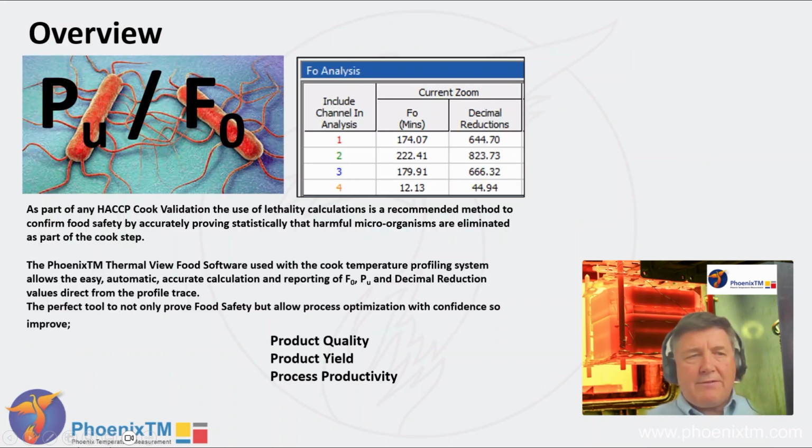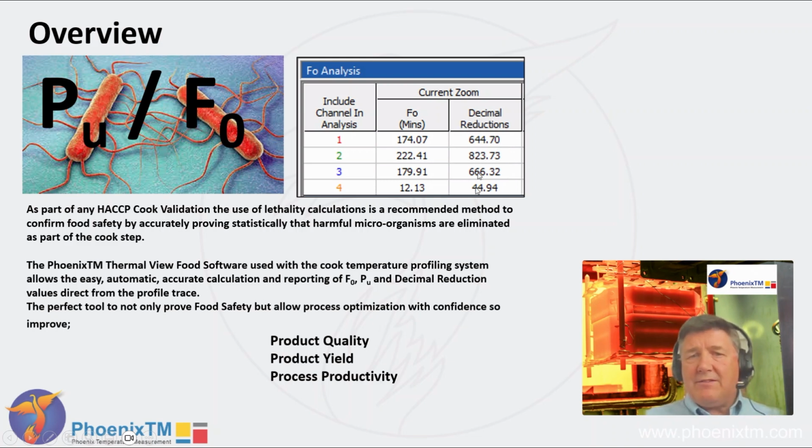So in practice, the application of the F0 or PU values in the ThermalView Food software is very simple. The interpretation of the data is also easy and effective. So what we can immediately do is show what the total F0 value is for your cook regime and what that means in terms of the decimal reductions.